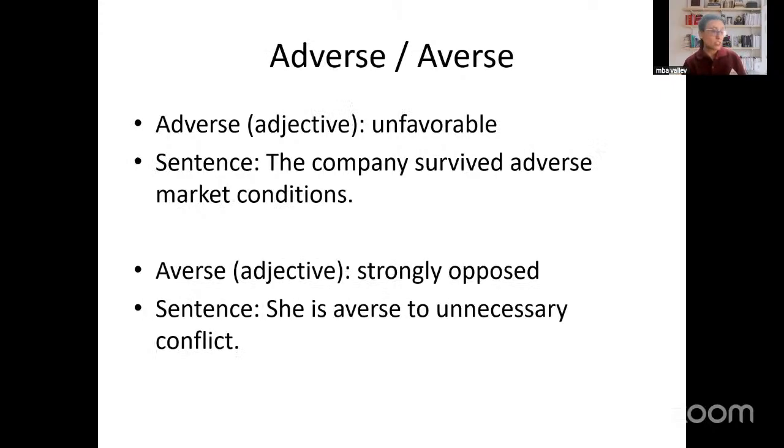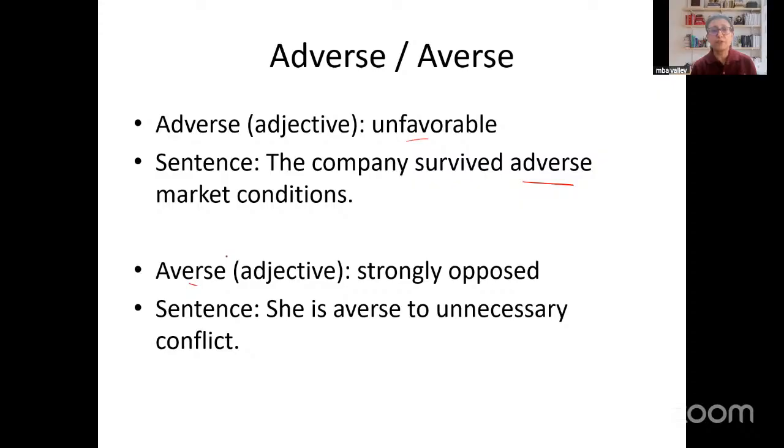For example, the first word, averse and adverse. Now, adverse means unfavorable, as in the circumstances were adverse or the conditions were adverse, which means unfavorable, something which is not going along your way. For example, the company survived adverse market conditions, which means unfavorable market conditions. Now let's look at the word averse. Averse is strongly opposed. Averse is something that you strongly dislike.